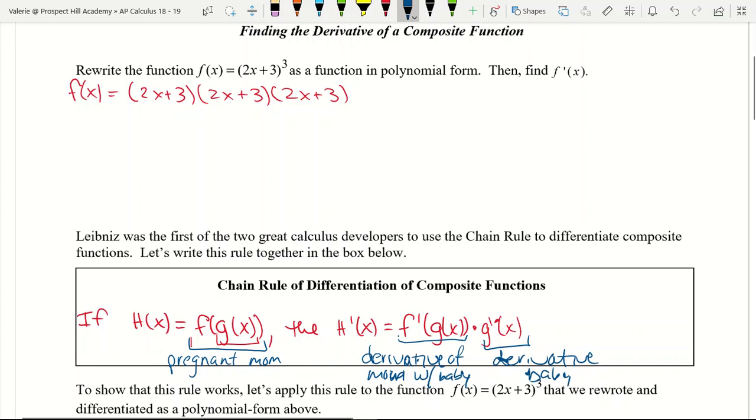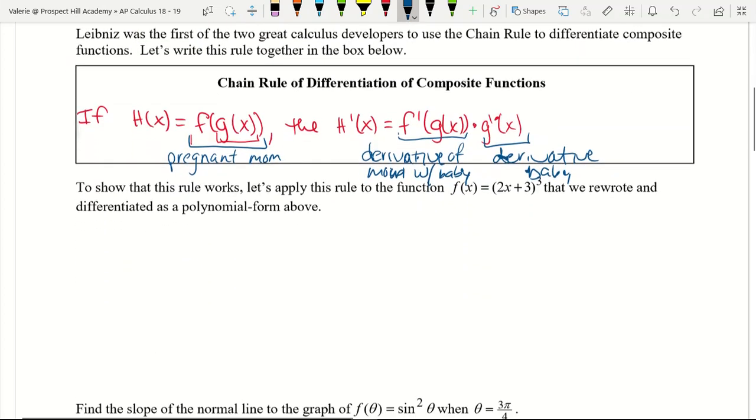Another way to think of this is the inner and outer function. So h prime would be the derivative of the outer function times the derivative of the inner function.